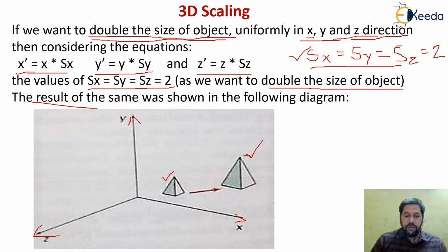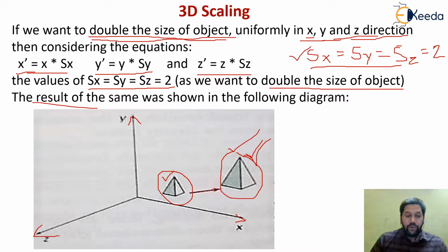So this one indicates the doubled size compared to the original object. This was my original object, and after scaling, after doubling the size, I get this as my correct answer.